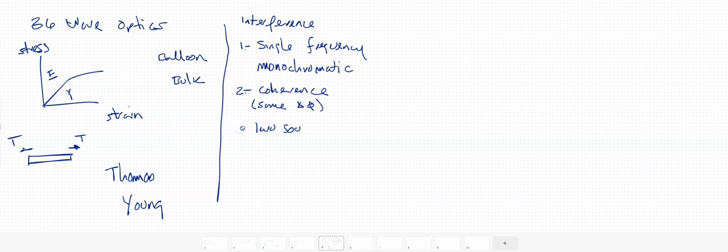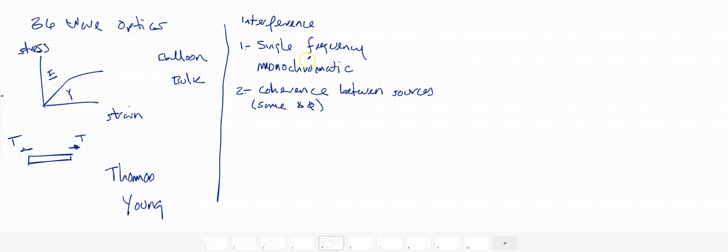I'm going to erase this. And I want to say you need coherence between sources. So coherence means the two sources have the same delta phi, the same phase difference. The phase difference can be any number, but it has to be constant, right?